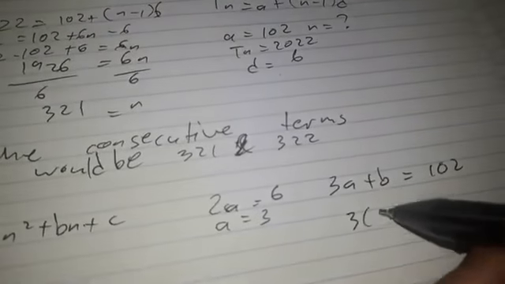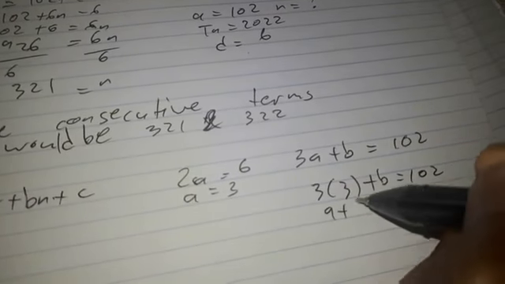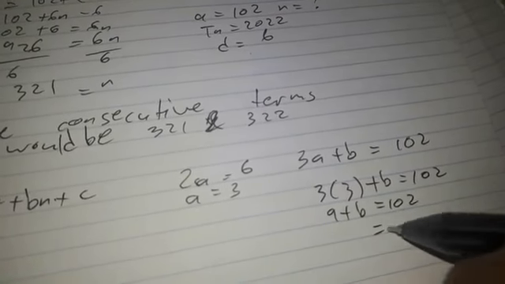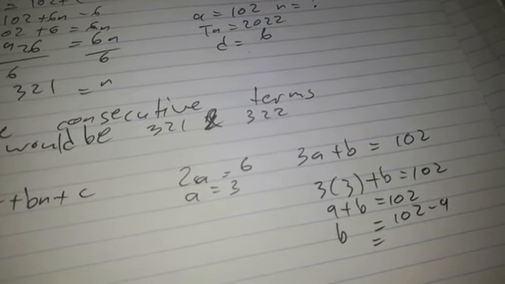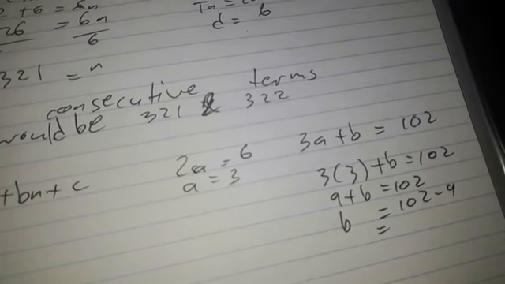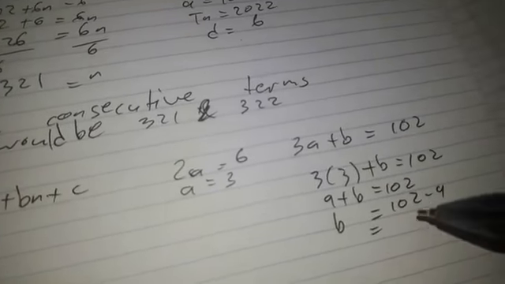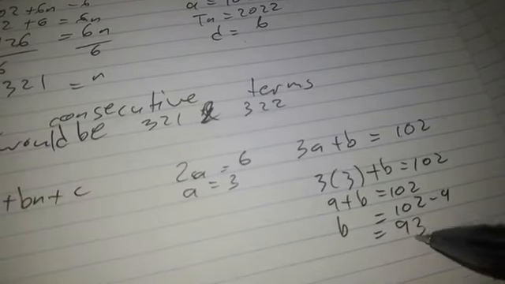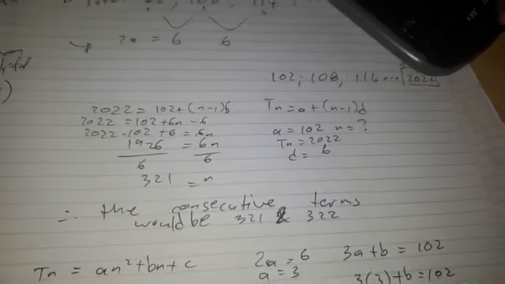So our a value is 3, so this is going to be 9 plus b equal to 102. And then 102 minus 9, that is clearly going to be 93. Let's just check with the calculator. Yep, 93. That's a big value for b, eh? B is going to be equal to 93, but we're dealing with big numbers, so it's okay.